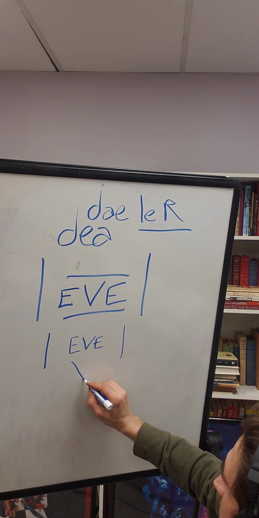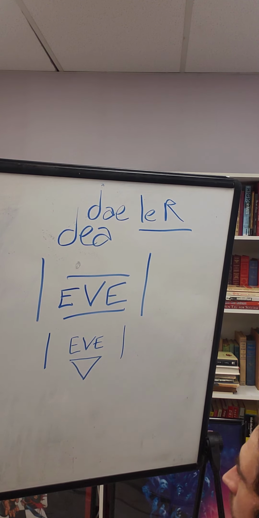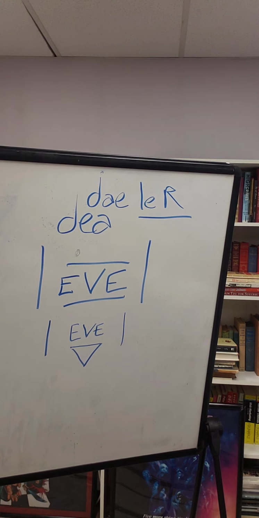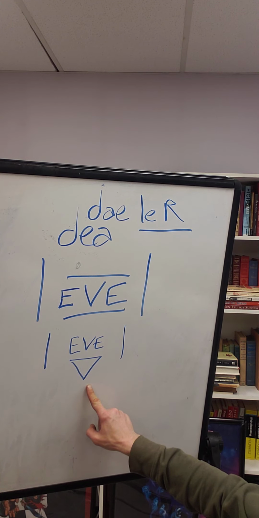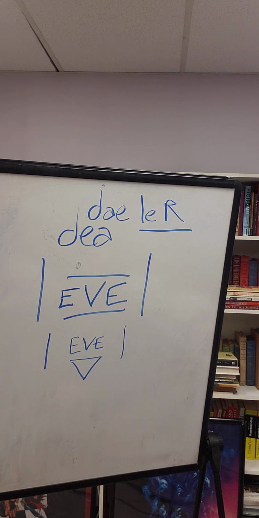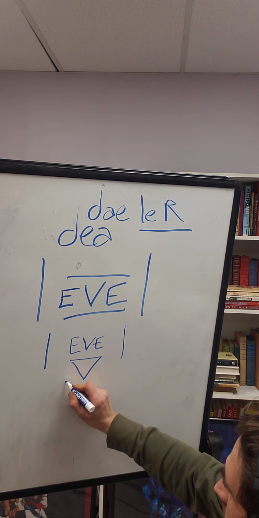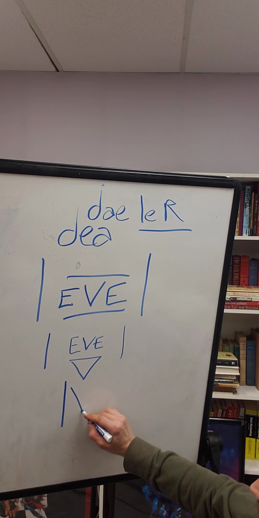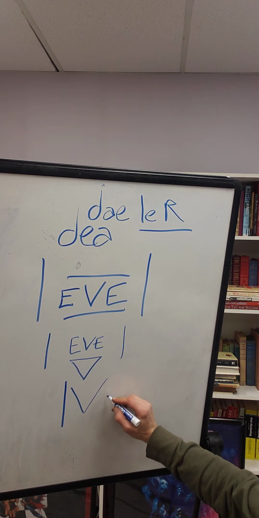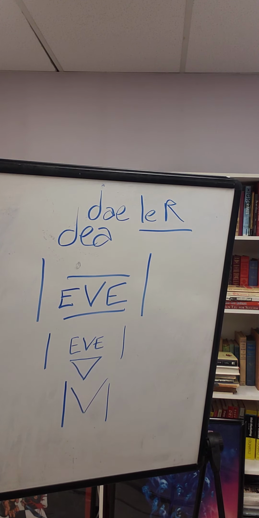We know that if we add that downward triangle there, we get the letter M. So we can see Adam and Eve right there, because that downward triangle is also the letter V. Damn. And they used to not use vowels. So without vowels, level would be like that.